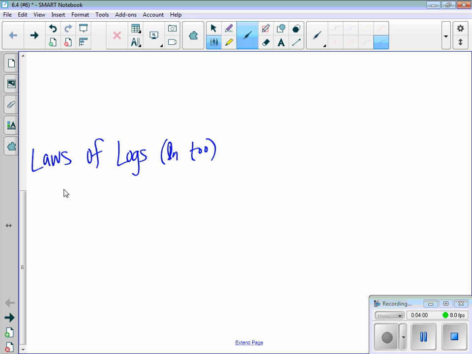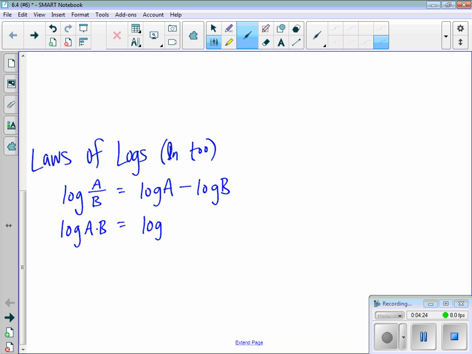Okay, so if I have log of a over b, what do I do with that? Subtract, right? So you split it into 2 logs, and then you subtract. Okay, if you have log of a times b, so something that's multiplied, we split the log and it becomes plus.